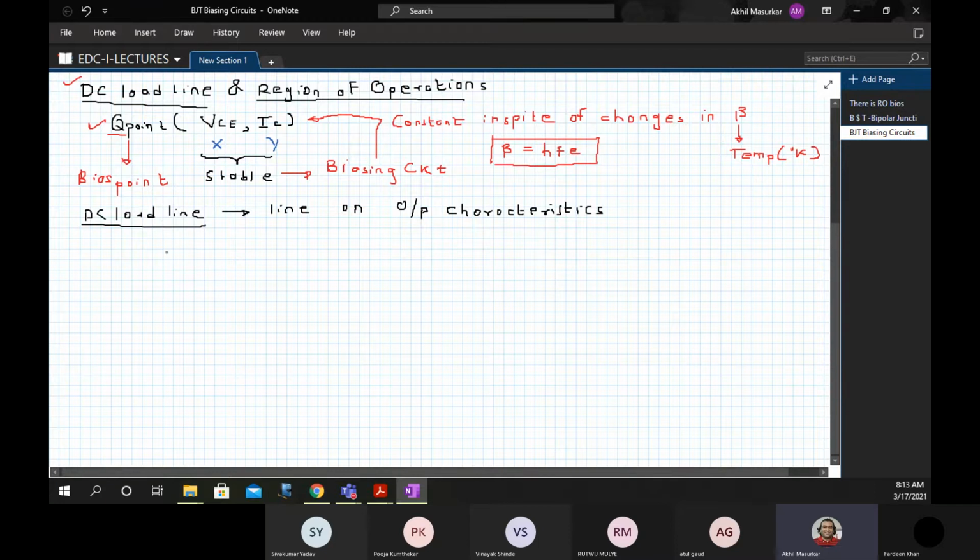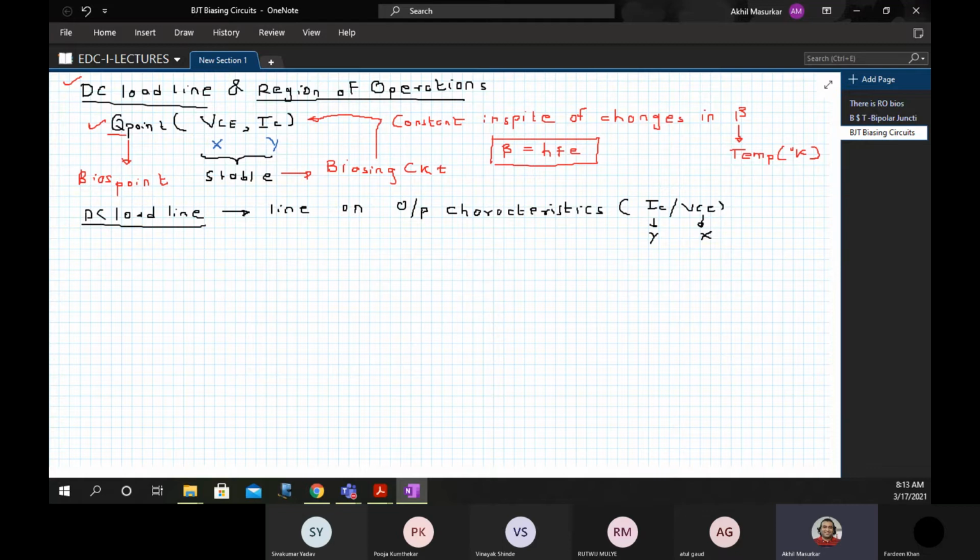Now we all know that output characteristics is IC versus VCE, with IC on Y and VCE on X.